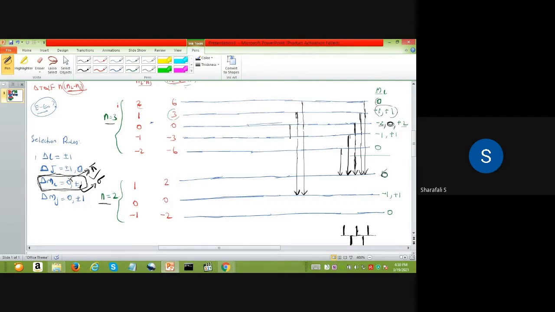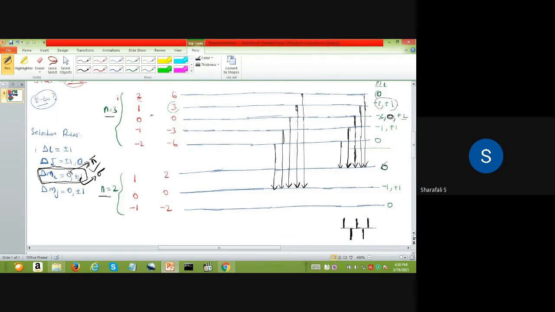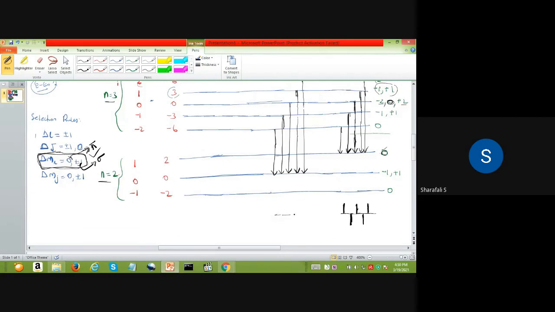Again, from here to this one, transitions are possible. So from 0 to minus 1, plus 1, what will it give? It will give either plus or minus 1. So that will give me a sigma component.